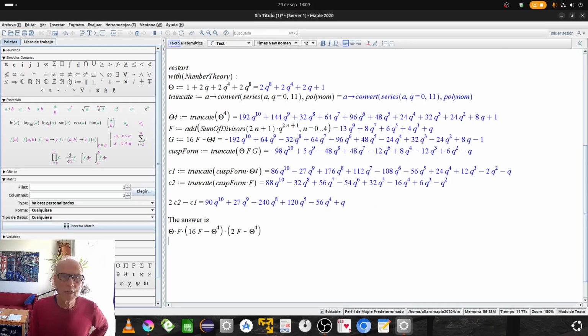So we get the first cusp form in M 9/2. And then we go to the two cusp forms generating M 13/2.